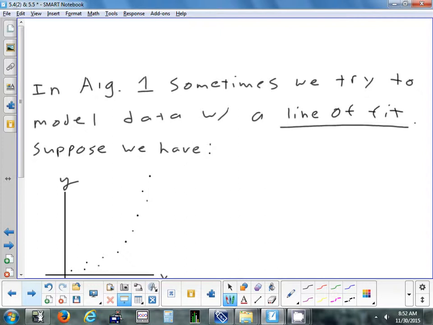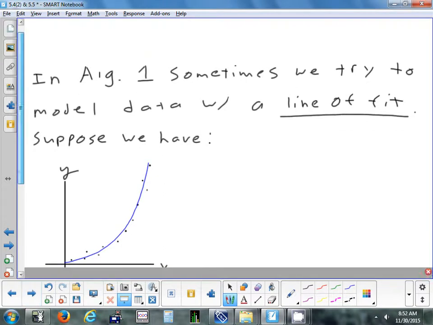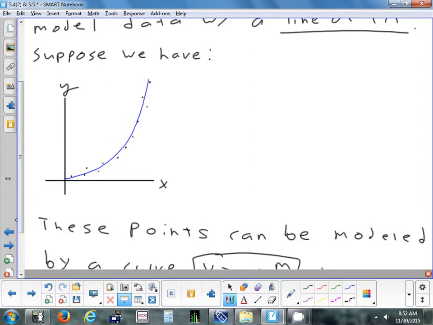Yeah, it's going up in a slope. Yeah, because it's curved. You could try to fit a line to it the best you could, but those points aren't really modeled by a line. They would be best modeled by something probably like this, a curve. And what kind of curve does that look like? Yeah, exponential curve.